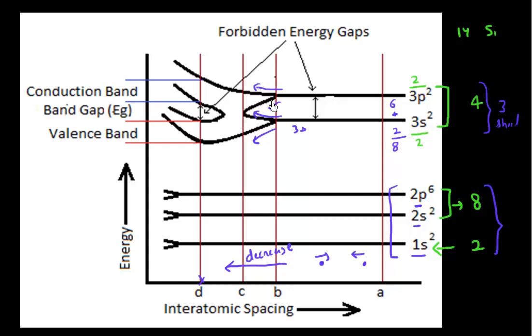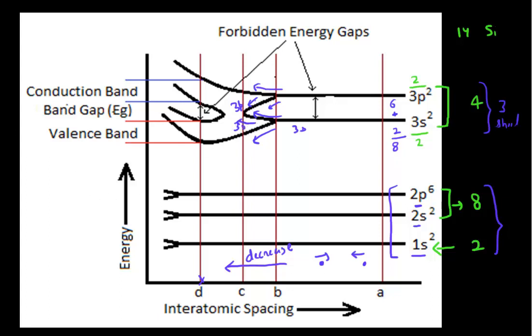What you would expect is that these states from 3p, which are decreasing in energy as you decrease the distance, and these states from 3s, which are increasing in energy as you decrease the distance, should overlap with each other.